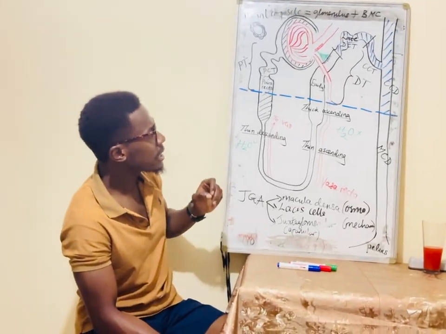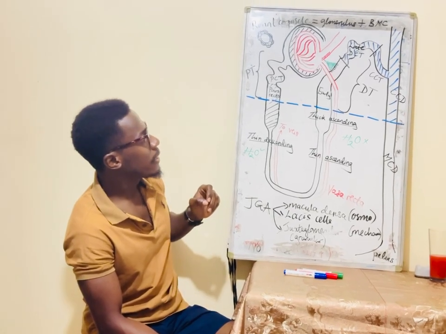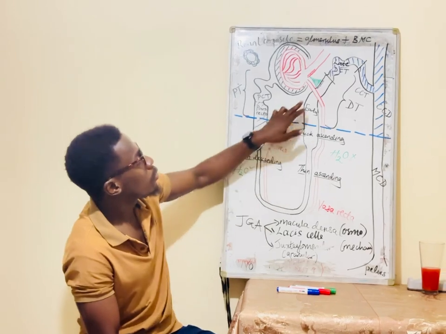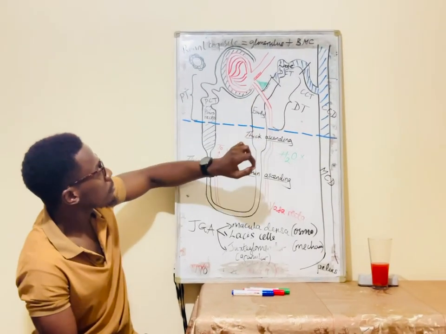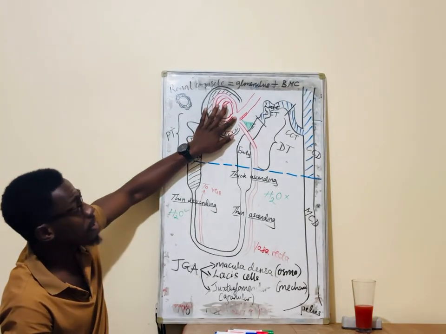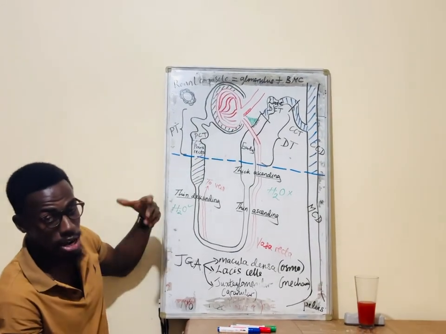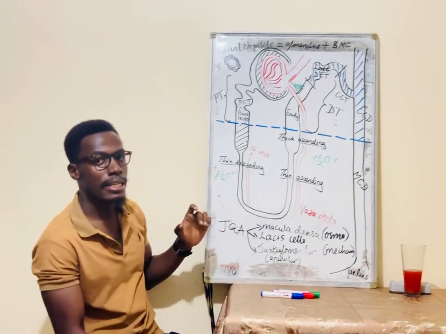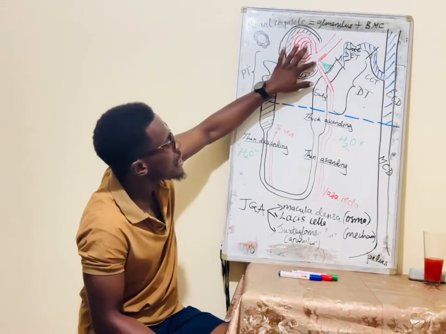And these macula densa cells, in response, are going to act via a paracrine signal to send a message to the juxtaglomerular cells or the granular cells, which now release the substance renin into the blood circulation.